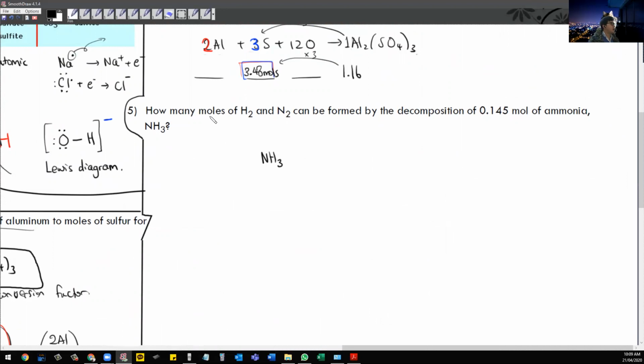What this is saying is that when NH3 decomposes, it decomposes into, so what it's saying is that hydrogen usually exists as H2, right? It doesn't exist as H1. And nitrogen also exists as N2.